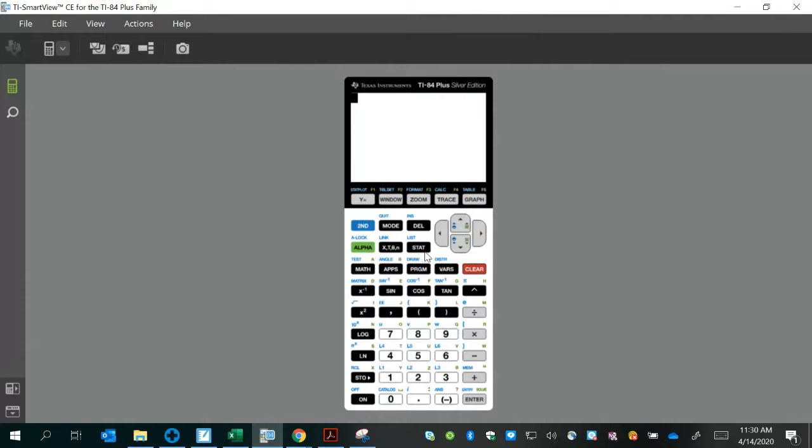To do any kind of statistical tests, including hypothesis tests and confidence intervals, you'll go to the Stat key, and then you'll see it pops up to the Edit screen, and the Edit option is where you can enter data into lists. So if you're given an actual list of sample values instead of the summary statistics, this is where you can enter those values.